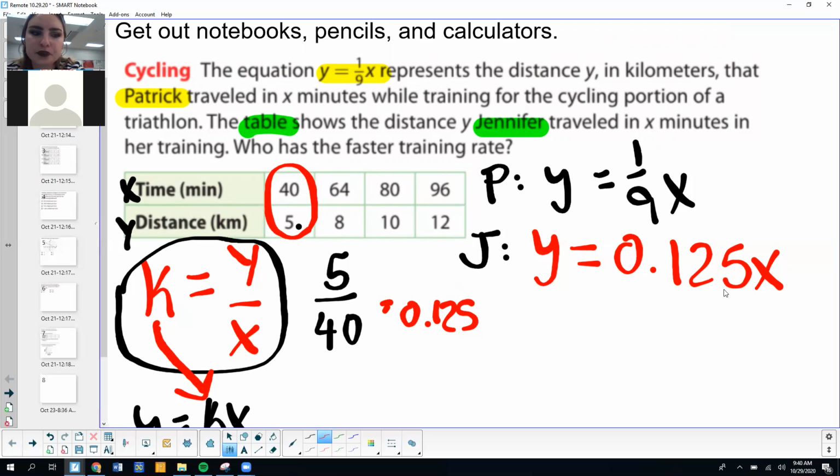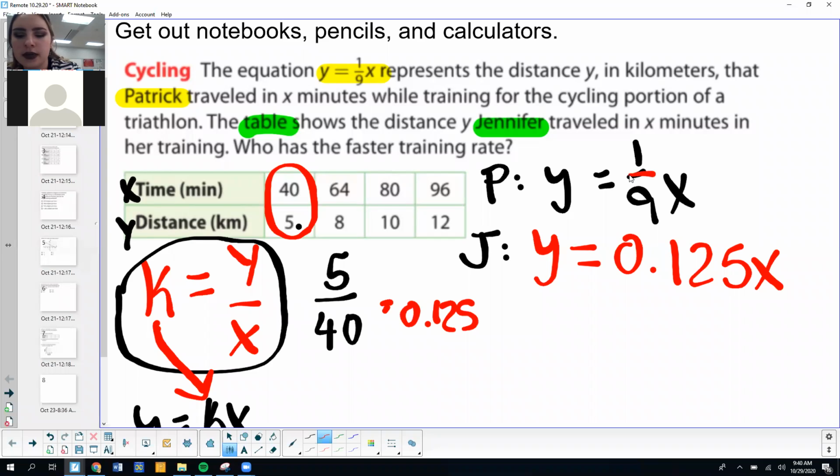Okay, so now the last thing says, who has the faster training rate? Well, it's kind of hard to compare a fraction and a decimal. So I'm going to take 1 divided by 9. If you ever want to convert a fraction to a decimal, you just have to take numerator divided by denominator, because remember that this bar represents division.